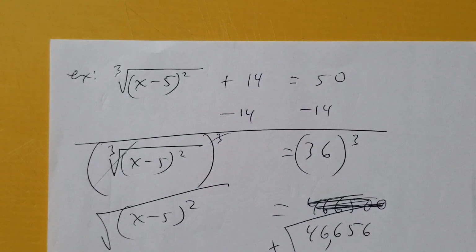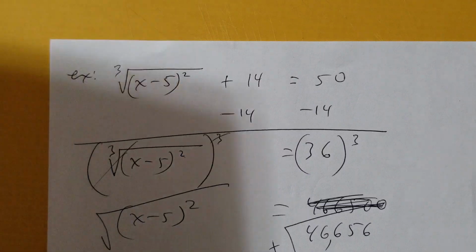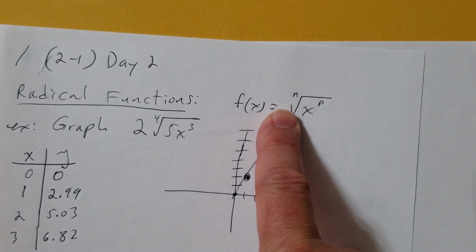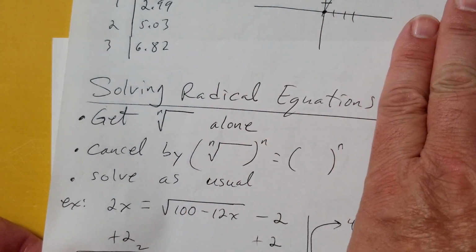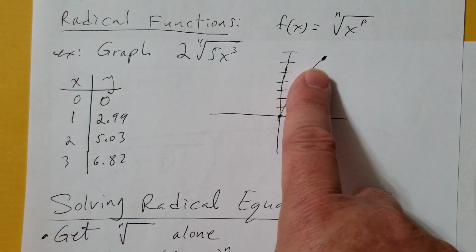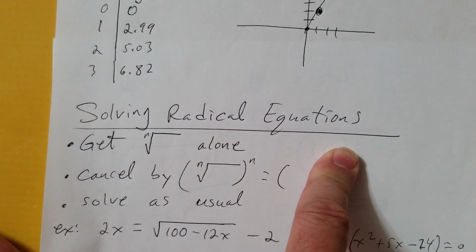Okay? So all we did for part 2 was see a few radical functions, right? And then put that aside. That's just a function in the graph, and we can analyze it. Then we have solving radical equations, right?